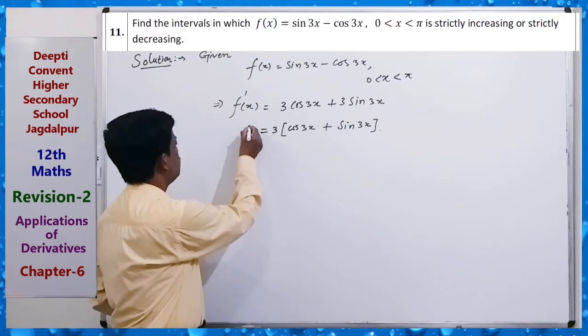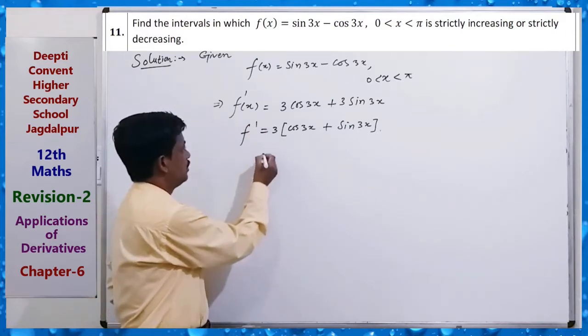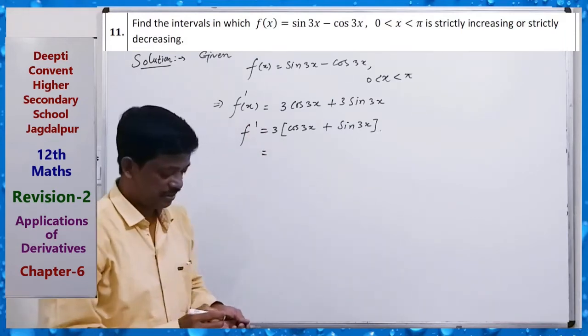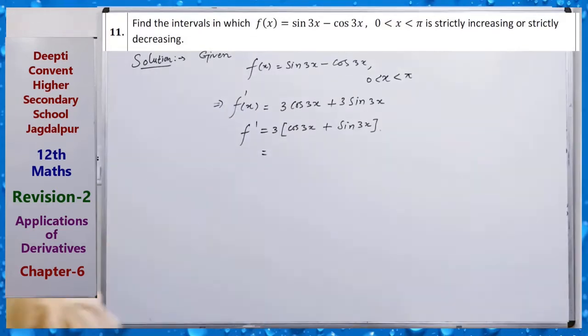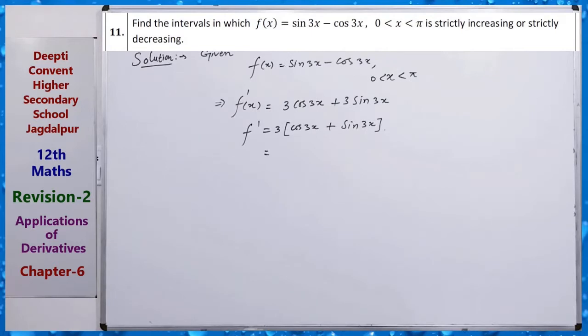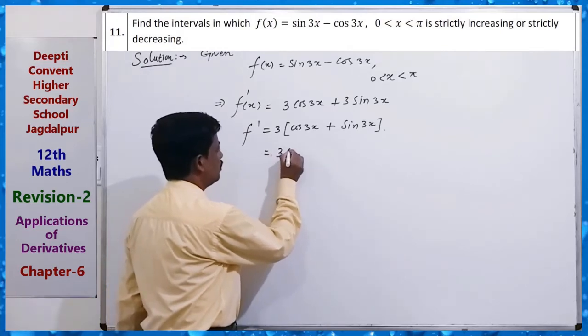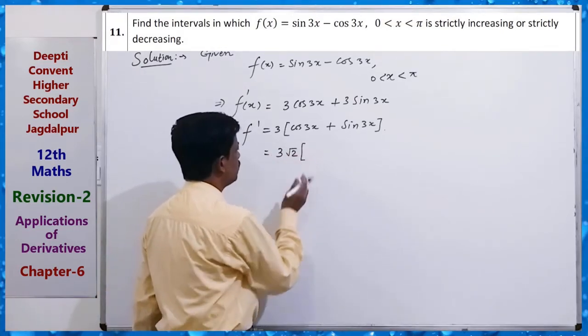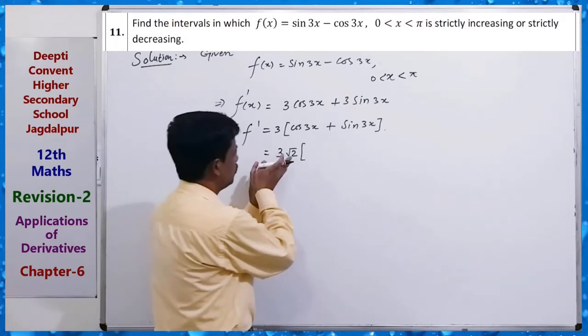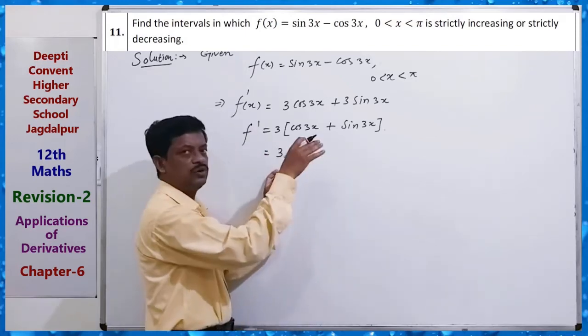f dash can be written as 3 root 2 multiplied by root 2 and divided by root 2.